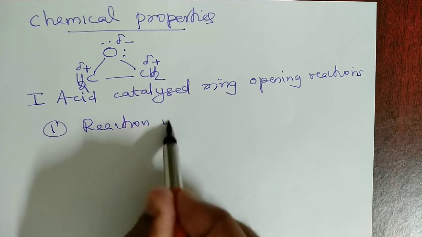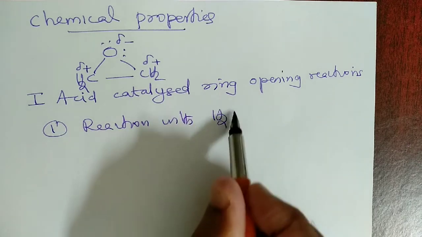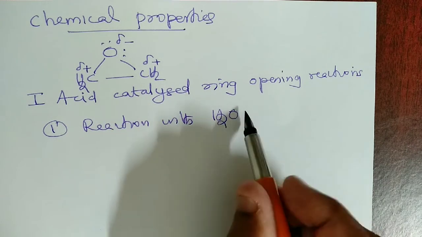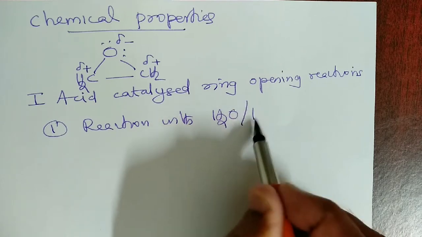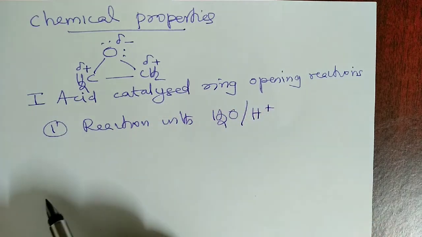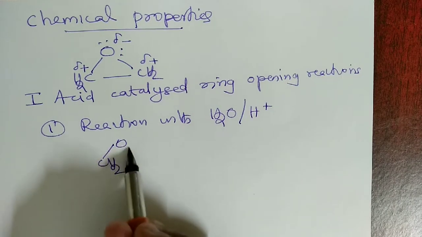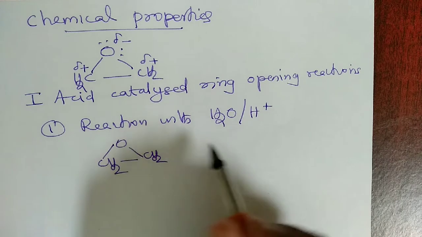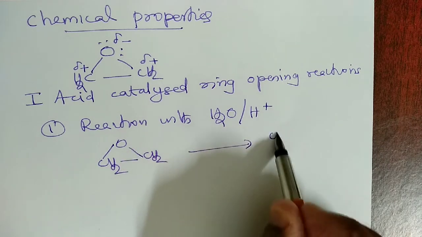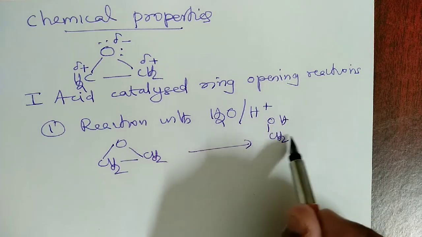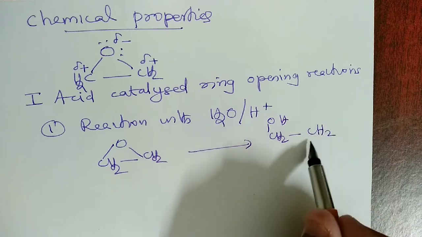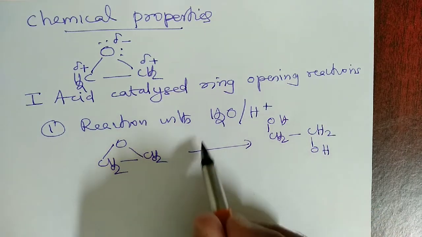First one, reaction with water in presence of a dilute acid. Ethylene epoxide is converted into ethylene glycol on treating with dilute acid.